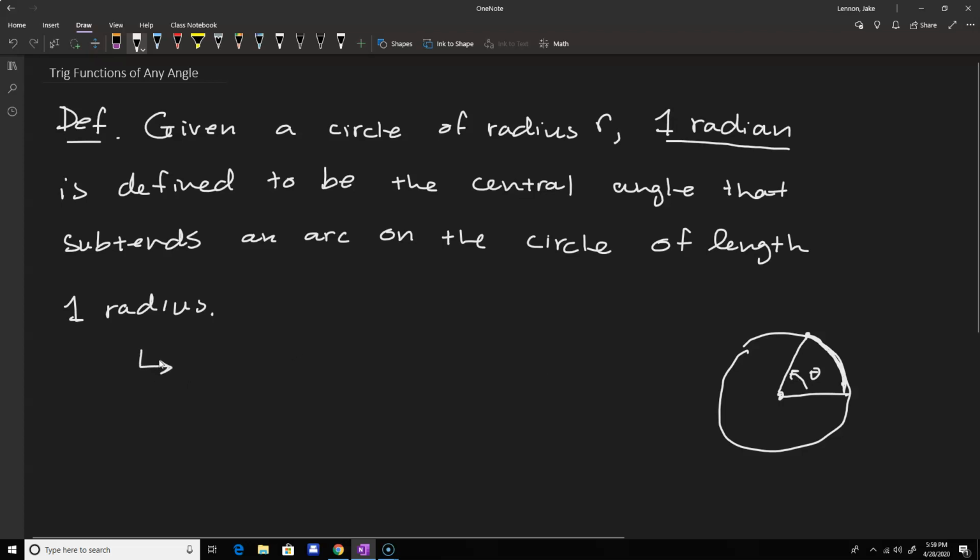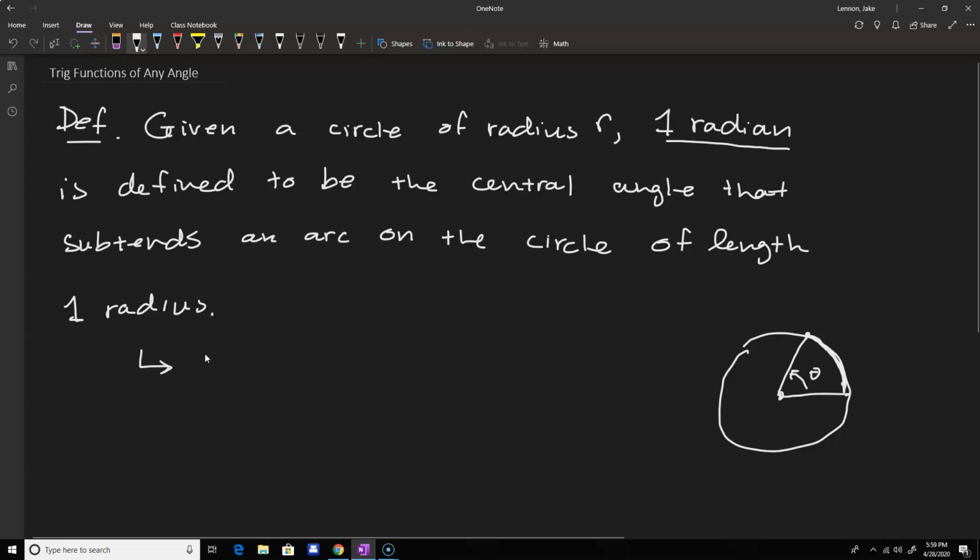So the reason that it makes sense to do it in terms of radians is we know for every circle, the circumference formula, one whole circle has 2 pi copies of the radius. 2 pi r is the circumference of a circle. So 2 pi radians has to equal 360 degrees.